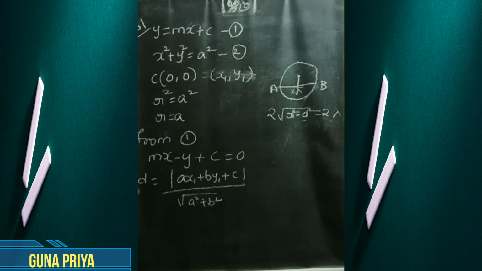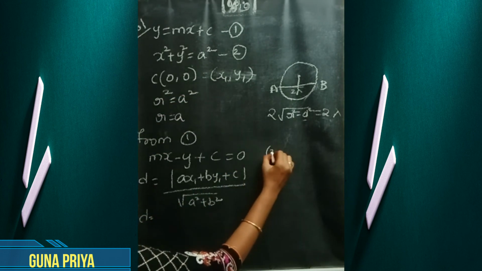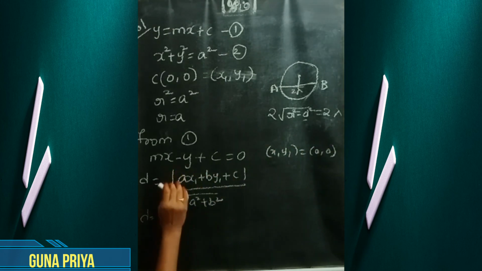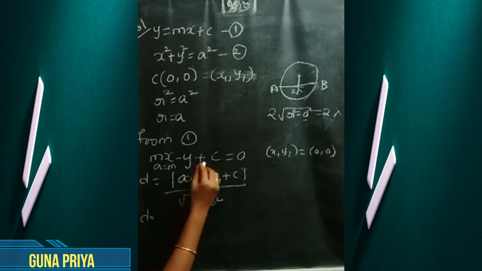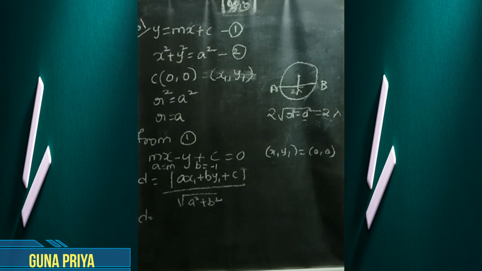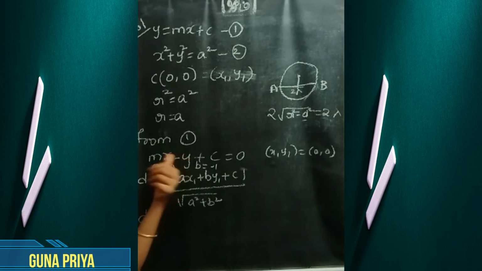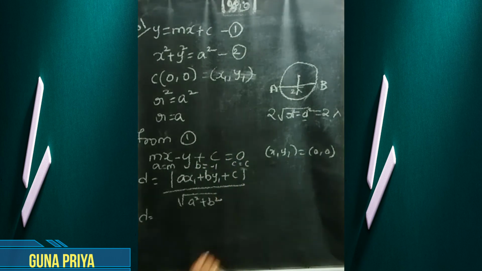Okay. Now from this equation and the point, substitute. x1 comma y1 is 0 comma 0. Here a equals m, b equals minus 1. Don't write minus y, because we are writing the coefficient of the y and x terms. c is nothing but c only.